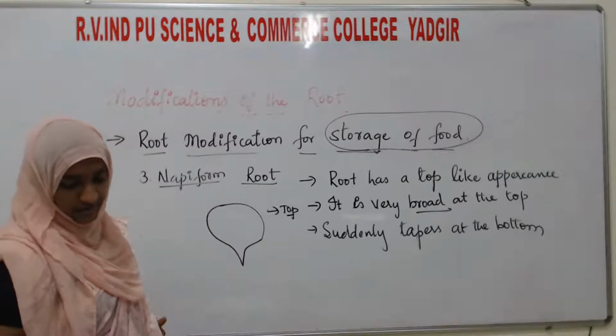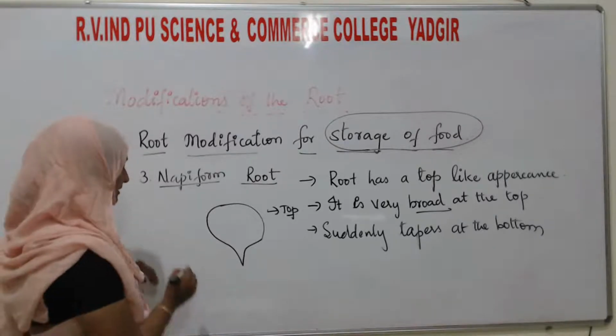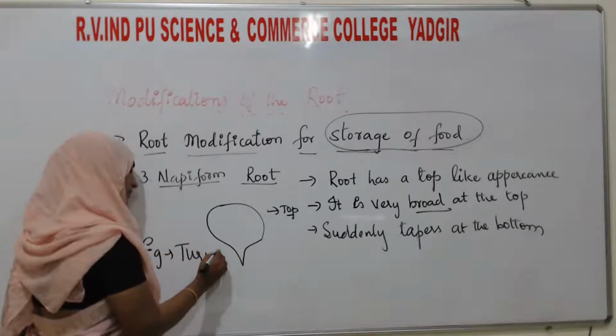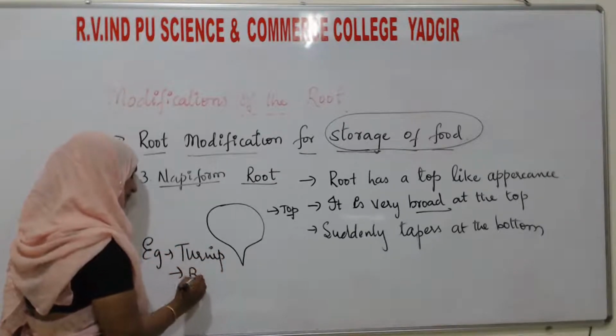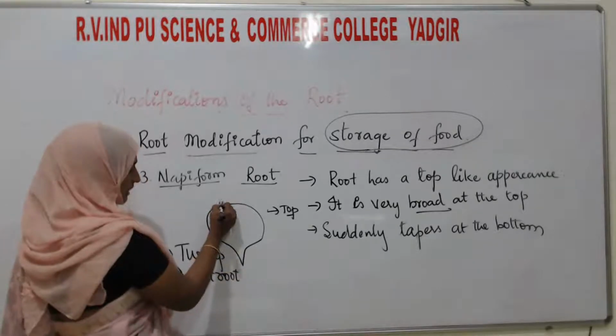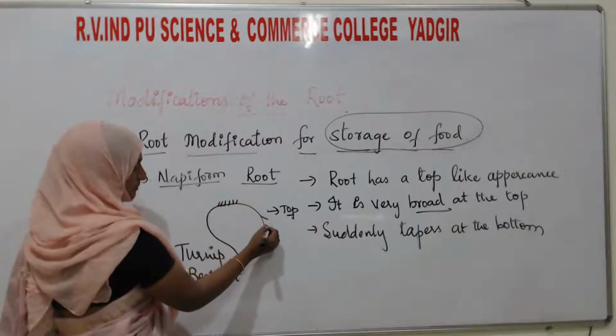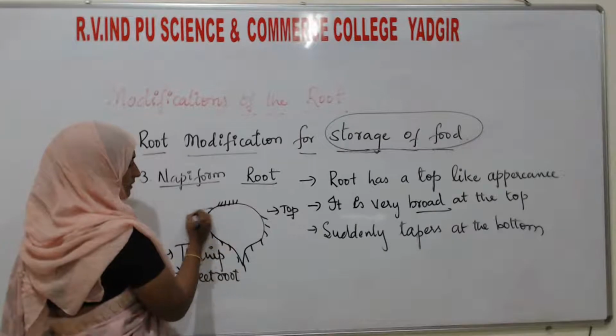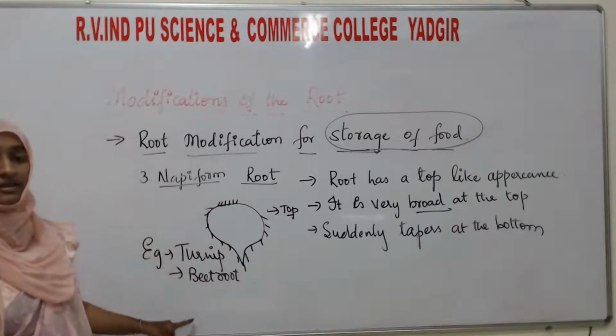So what are the examples? Examples for these are turnip and one more, beetroot. So turnip will be like this. That is turnip and beetroot.